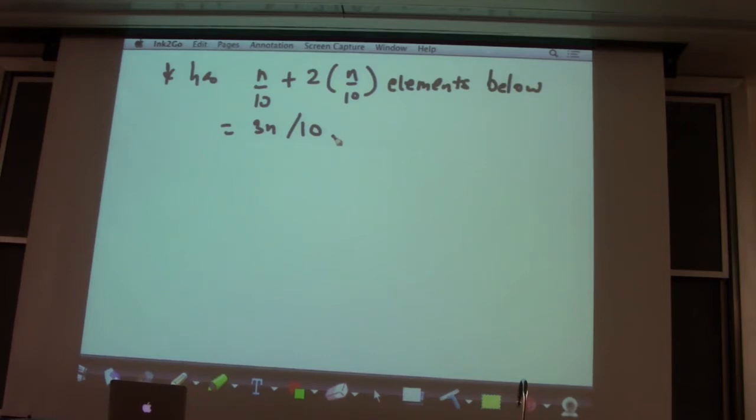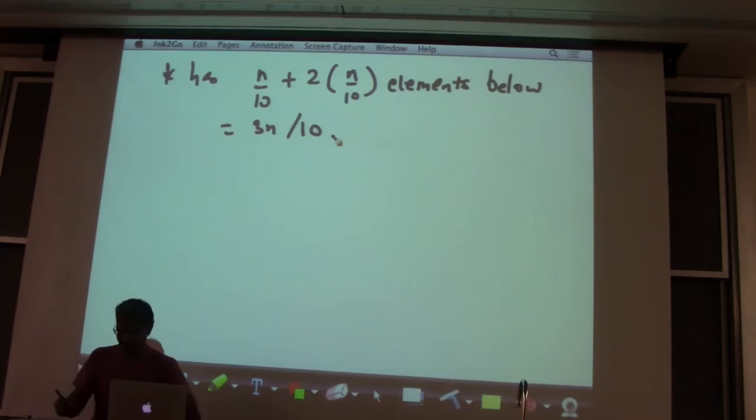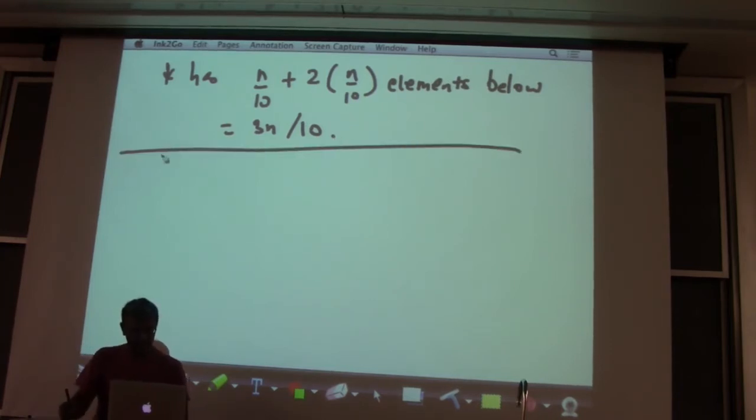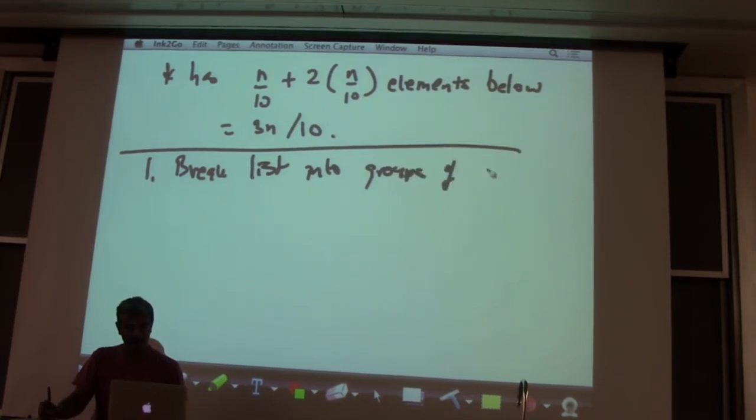Okay. So the whole algorithm is as follows. Break the array into groups of 5. Find the median of each group of 5. So let me write down the whole algorithm. 1. Break list into groups of 5. 2. Find median of each group. 3.